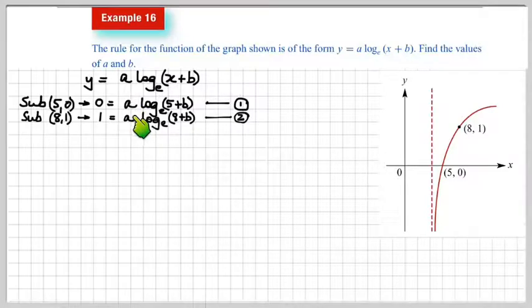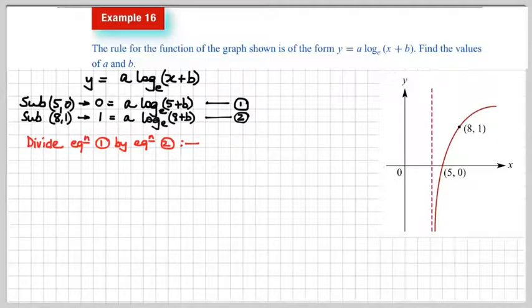You'd probably say, well, therefore from this equation here, maybe you could say that a is 1 over log base e of a plus b, and then try and go from there. But I've got a new little trick for your mathematical toolkit for you. I'm going to divide equation 1 by equation 2.